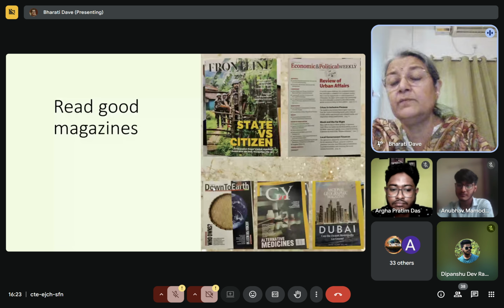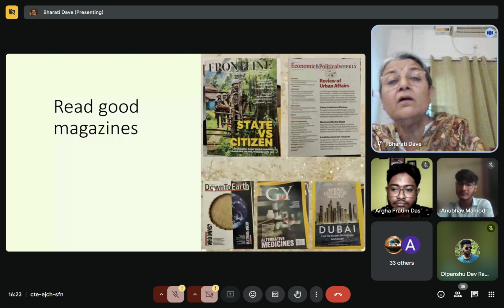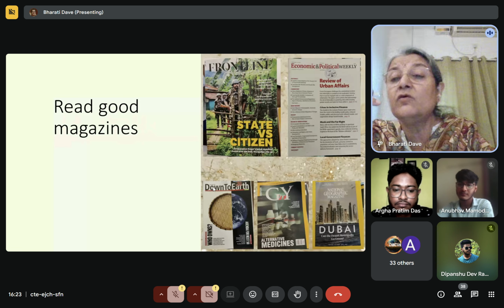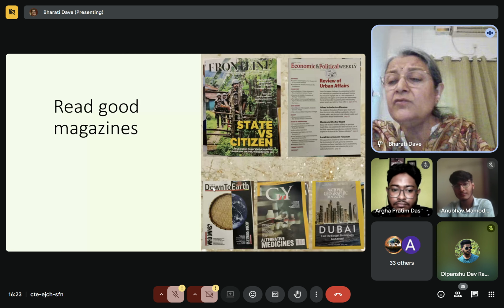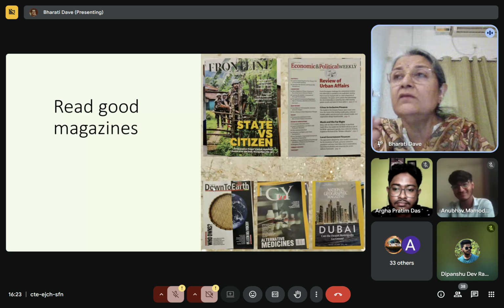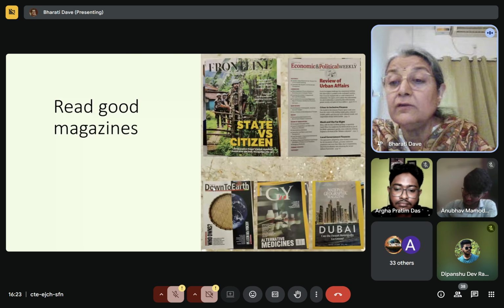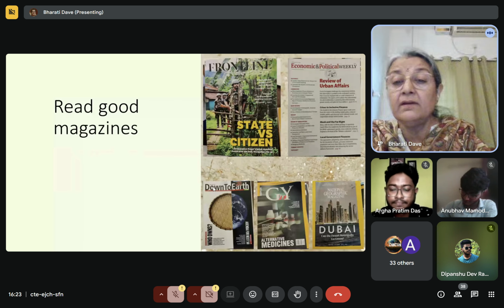So in that sense I'm saying good. And also read good, because whatever you read forms the basis of your ideas. If you read trash, your mind will also be trash, no? So you have to read something where people have made an effort, something authentic, which has good language, like The Hindu newspaper has good language, right?